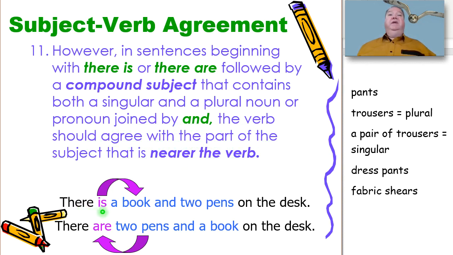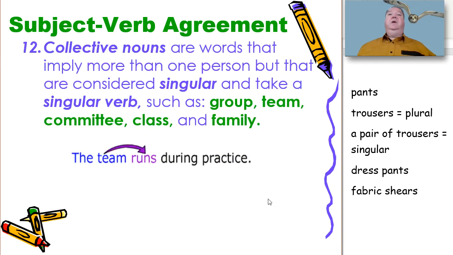So, if we say there is a book and two pens on the desk, a book is singular, two pens is plural, joined by and, look at the one closer to the verb. There is a book and two pens on the desk. If we reverse this, two pens and a book, now this one is closer to the verb. There are two pens and a book on the desk.